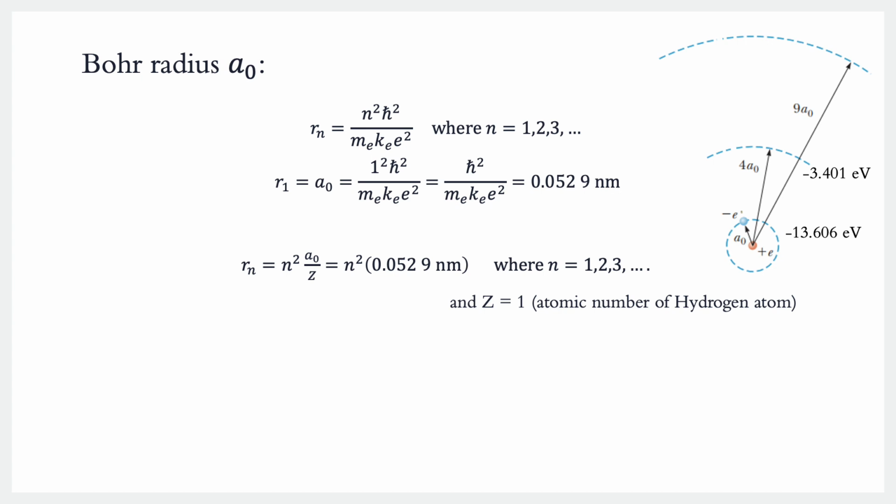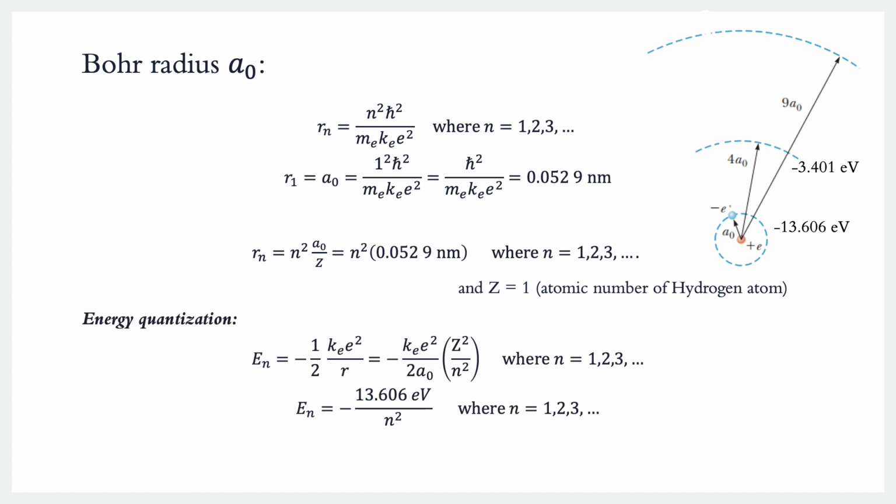Hence, the general expression for the radius of any orbit in the hydrogen atom is n squared times a naught over Z, where Z is equal to 1 for hydrogen atom, and that the quantization of orbit radii leads to energy quantization.